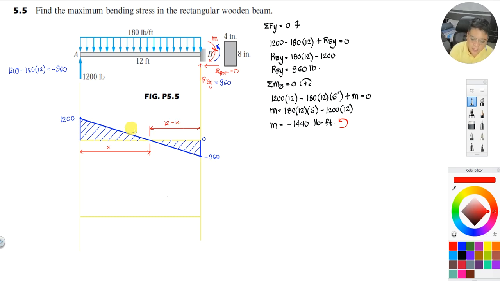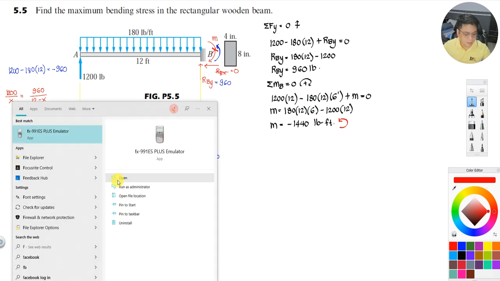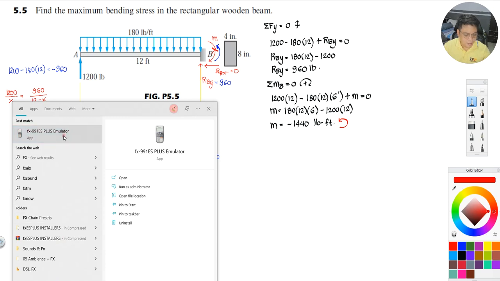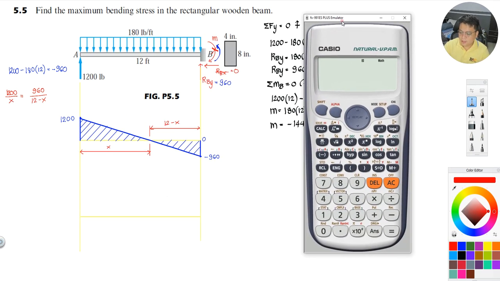Okay? For this triangle, we could say that 1,200 is to x is equals to 960 is to 12 minus x. Okay? So, ito, gamitan na natin ng ano, no? Sa emulator. Okay? Sige. So, I could have this one as 1,200 is to x.